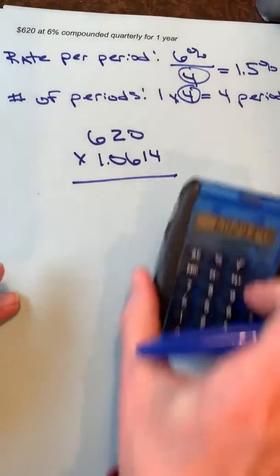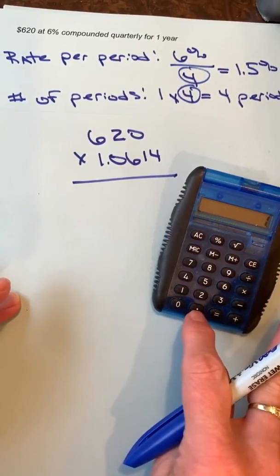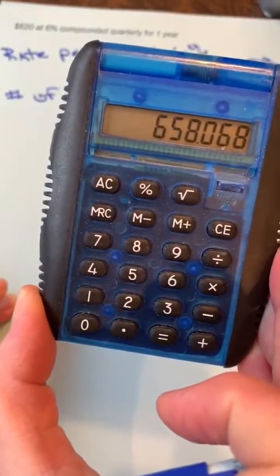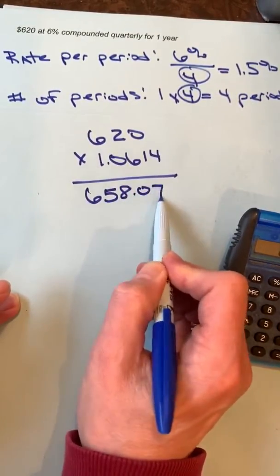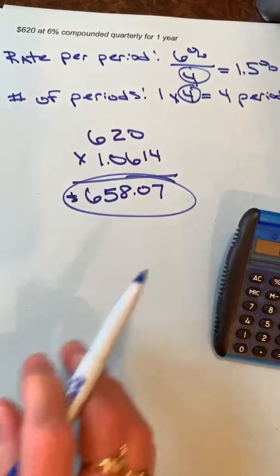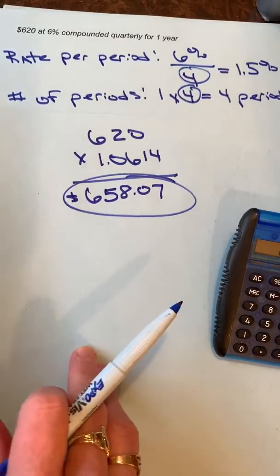So if I multiply my 620 times 1.0614, I get 658.07, rounding to the nearest penny. 658.07 is my future value, or the compound amount of $620 invested at 6% compounded quarterly for 1 year.